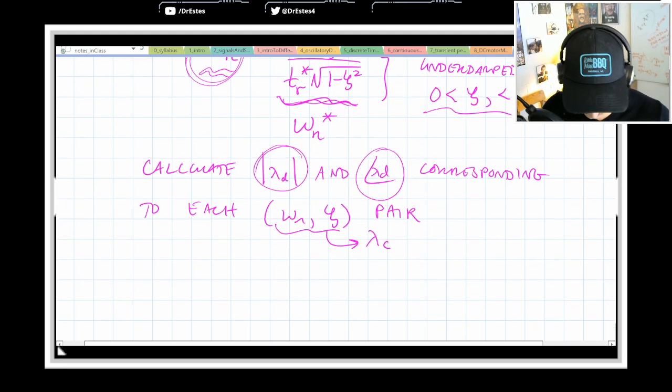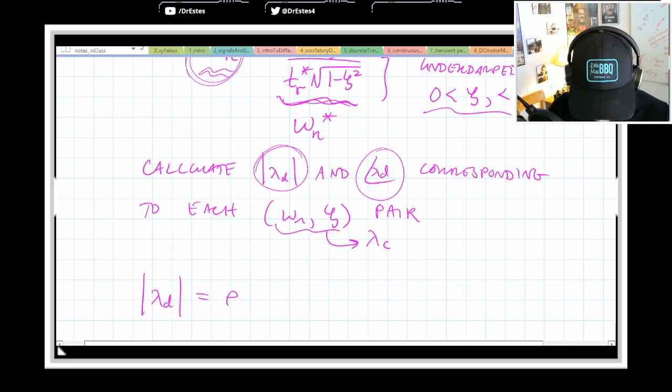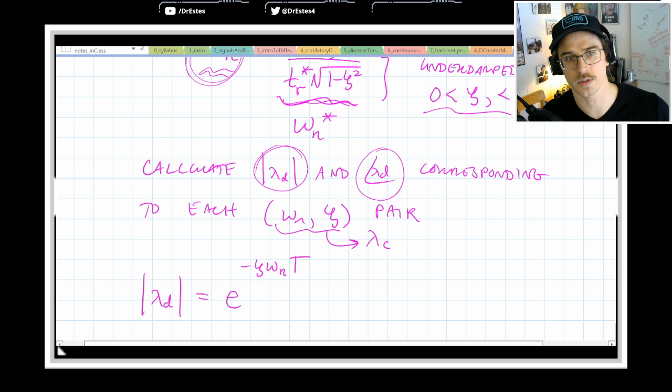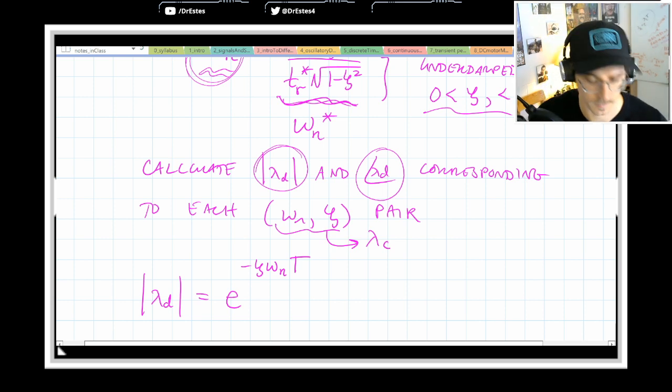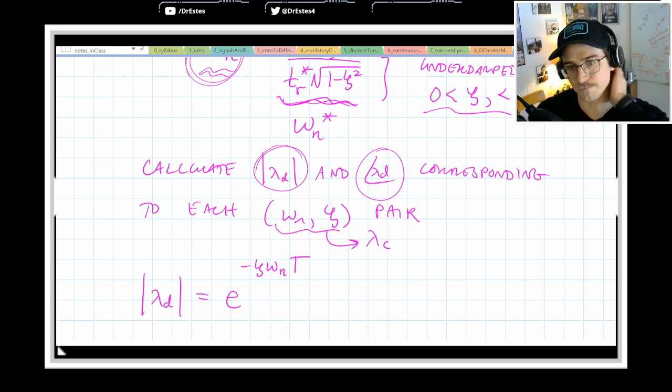So here's our definition of magnitude. It's e to the minus zeta omega n times your sampling period. That's just a definition that we've gotten.